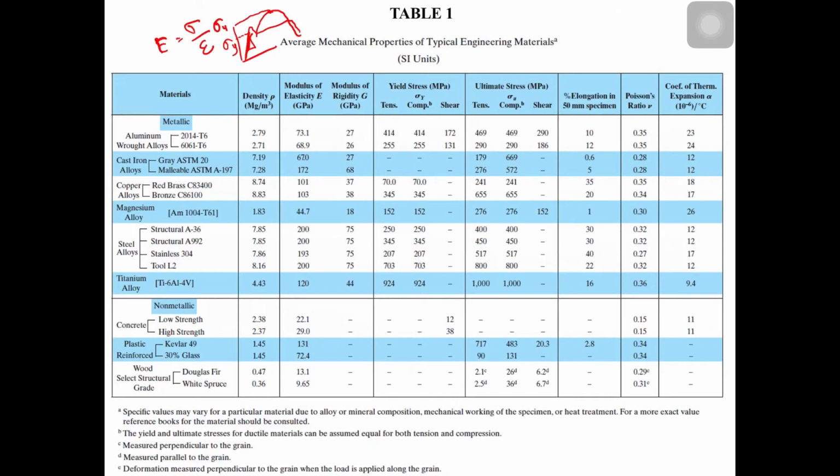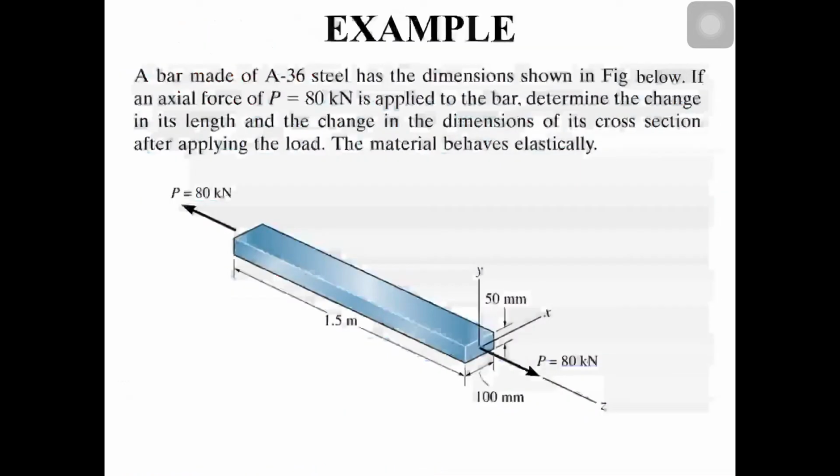So we have here A36 steel. You use this data later if you need it in your calculation. Okay, so they're asking you the change in its length and change in the dimension.